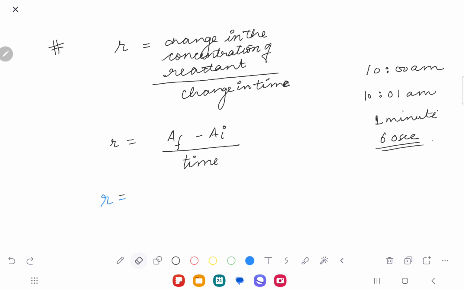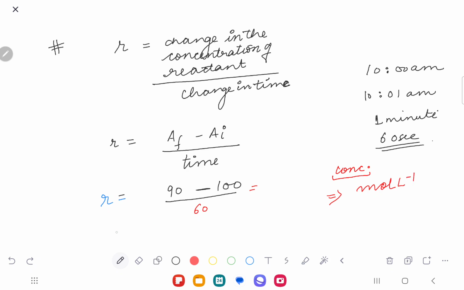So here in this example, if I say that 90 molecules were left, that was my final concentration of the reactant, minus initially the reactant molecules were 100, over time. And time was, let's suppose, 1 minute, 60 seconds. When I talk about concentration, concentration means moles of solute per liter.